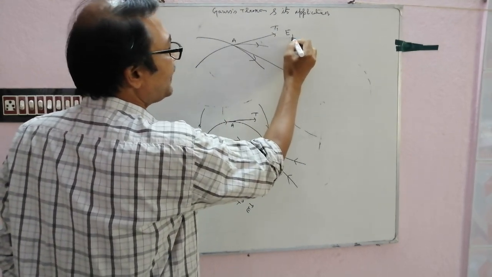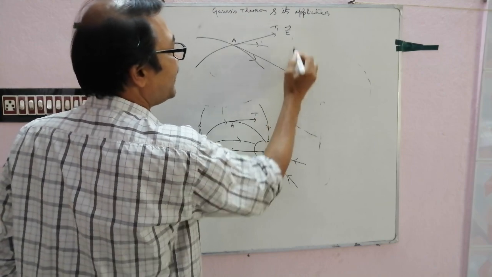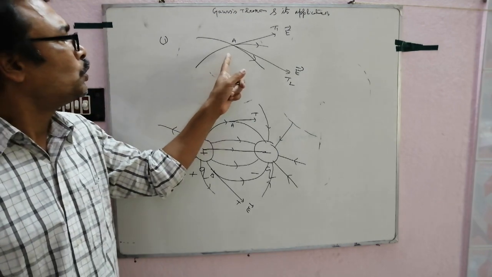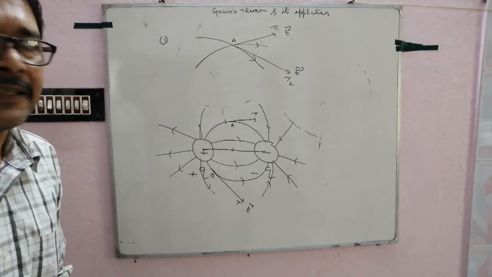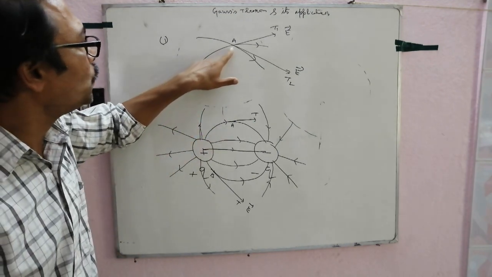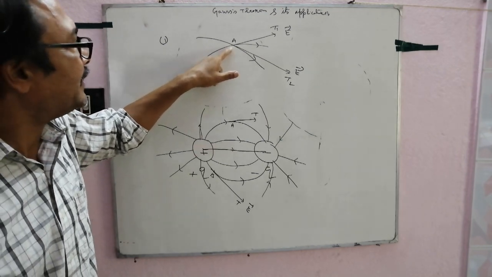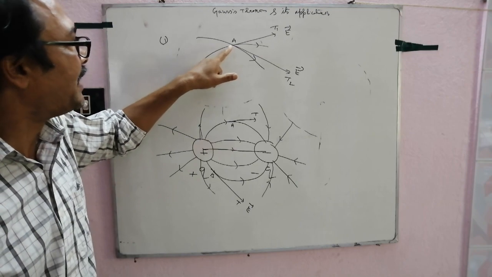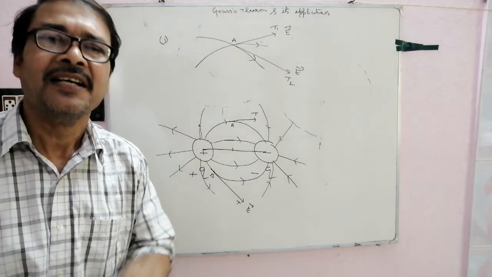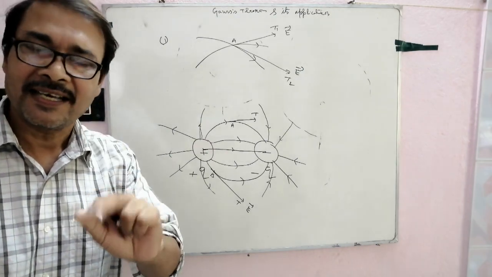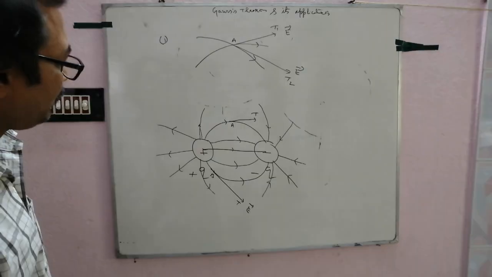So this is one direction of electric field here, and this is another direction. So if two field lines intersect each other, we get two tangents at the intersecting point, and the direction of the electric field at that point is in two different directions. That is impossible. So field lines never intersect each other.